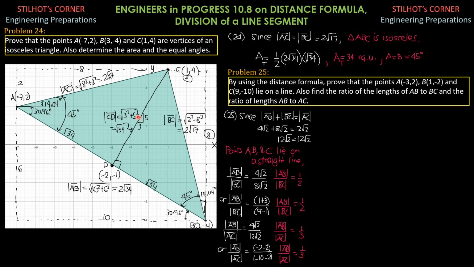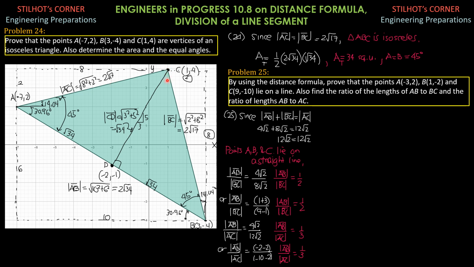Then, to show that these are vertices of an isosceles triangle, we compute the distance AC as square root of 8 squared plus 2 squared, by the Pythagorean theorem, and it is equal to 2 square root of 17.